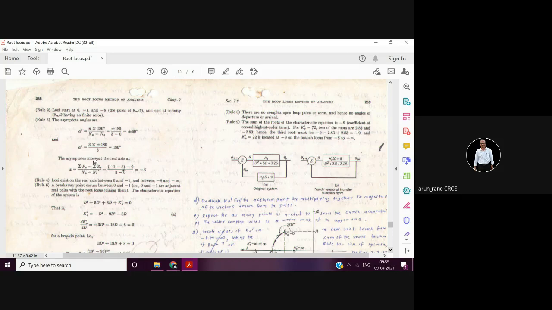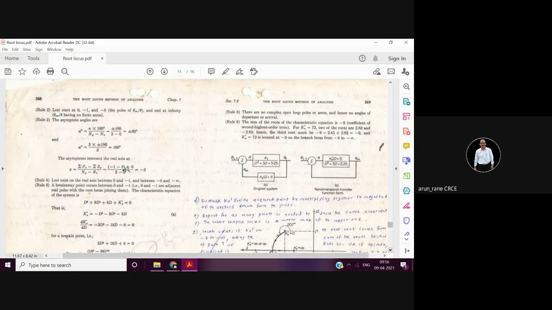Then the asymptotes intersect the real axis at the summation of poles. I'm sorry, it was not -2.33. It is something different, because that was not the same example. So this is -1, -8, no finite zero. The number of poles is 3 and the number of zeros is 0.